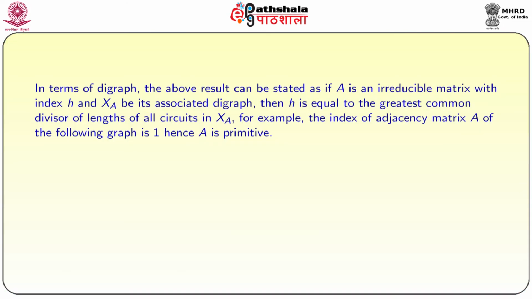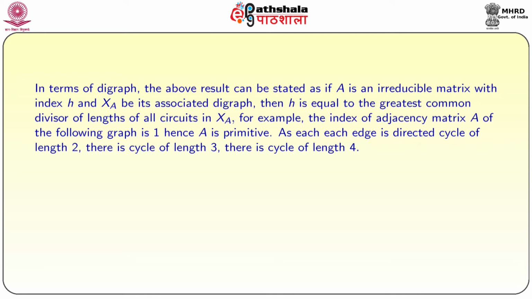In terms of digraph, the previous result can be stated as: if A is an irreducible matrix with index h and XA is its associated digraph, then h equals the greatest common divisor of the lengths of all circuits in XA. For example, the index of the adjacency matrix A of the following graph is 1, hence A is primitive.